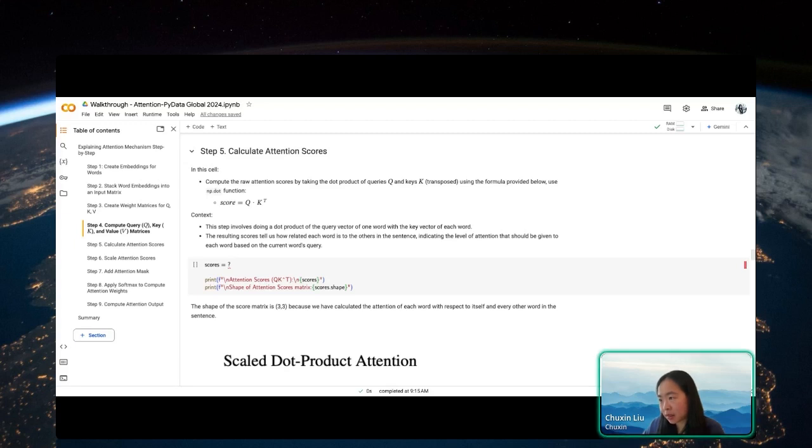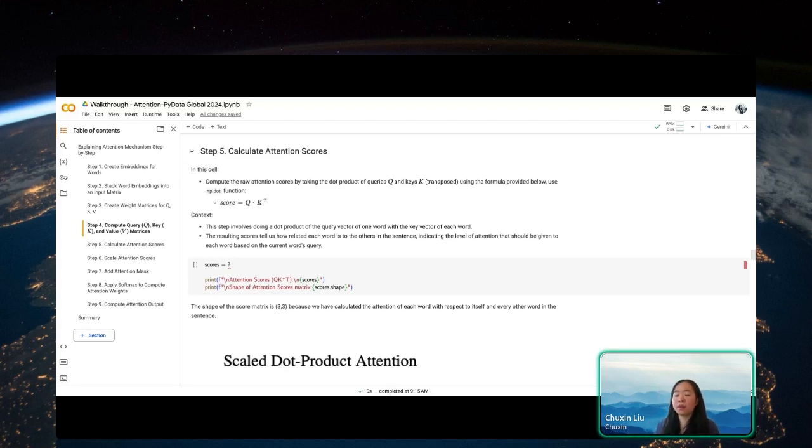For context, this step involves taking the dot product of the query vector of one word with the key vector of each other word. The resulting scores tell us how each word is related to other words in that sentence, indicating a level of attention.